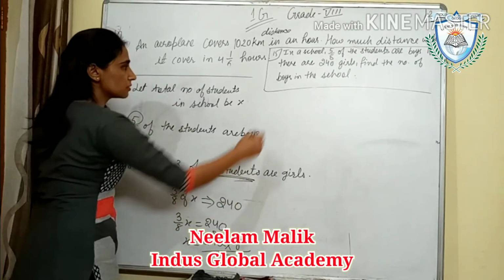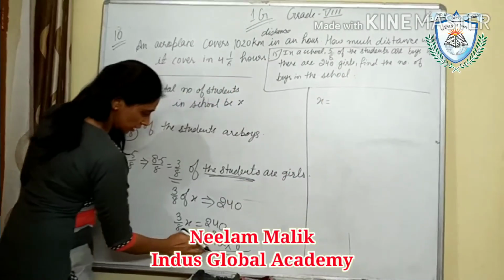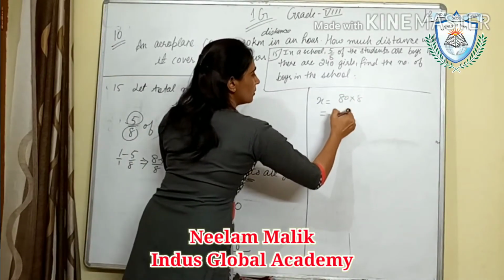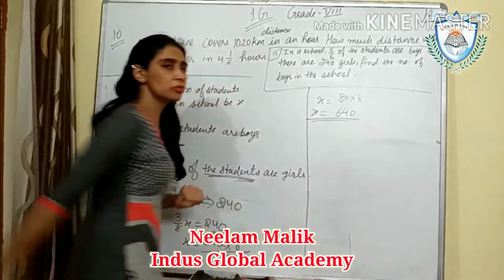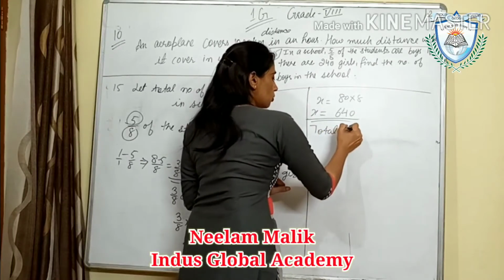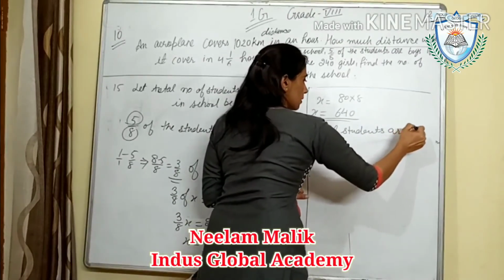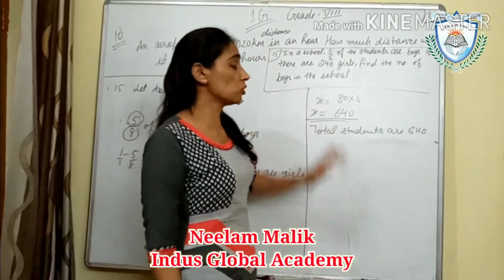The value of x is 80 into 8, so that means 640. What is this x? X is the total number of students. So total students are 640, but we need the number of boys.